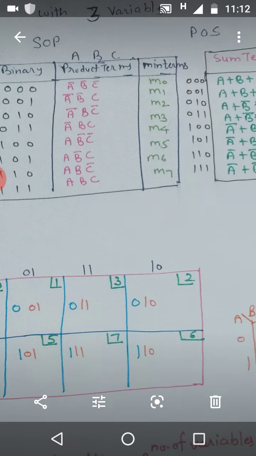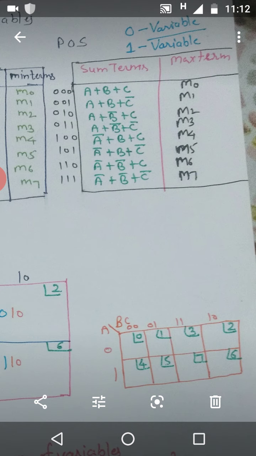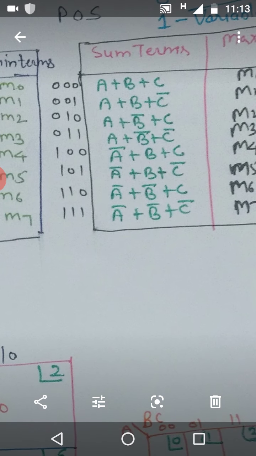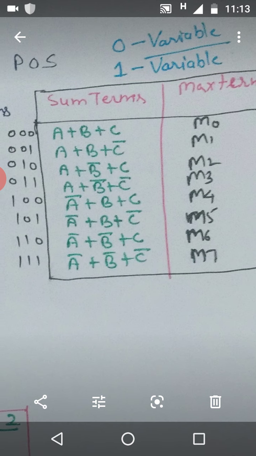For POS, product of sum, the concept is reverse. It is a product of sum terms. So the sum terms will be again 0 to 7, a total of 8 sum terms. For sum terms the combinations are the same, 000 to 111. Here 0 indicates the variable and 1 indicates the variable complement.